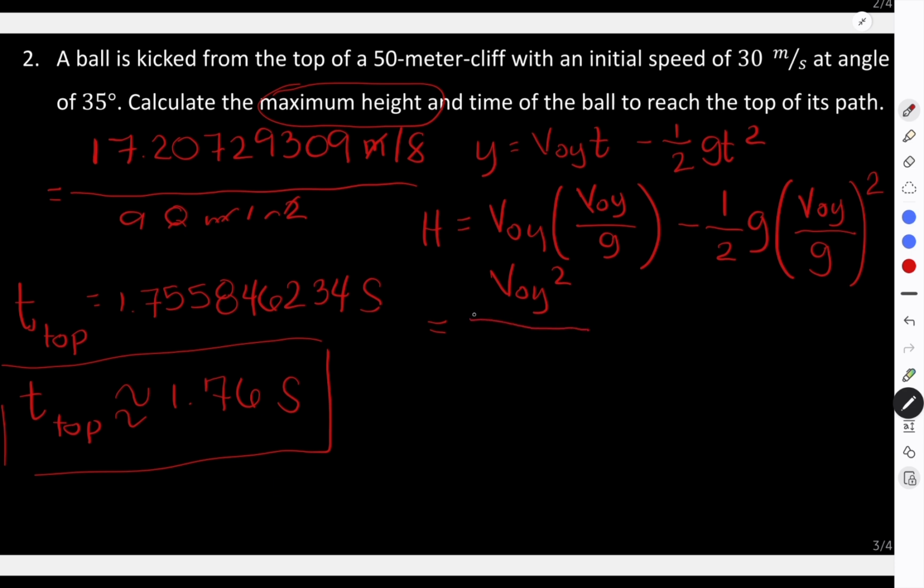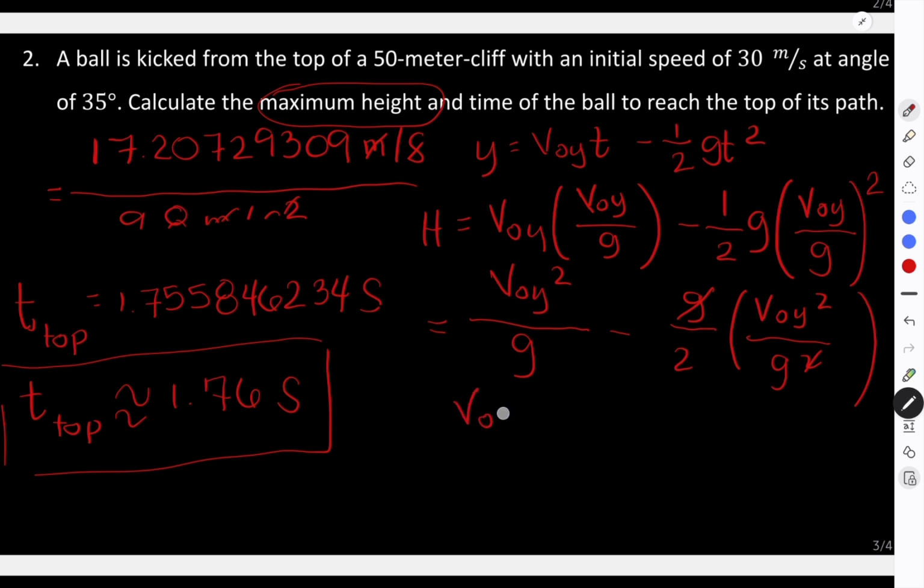Okay, it has been multiplied by 2 or twice, then all over by the gravity minus the 1/2, still a gravity. Gravity can also be written like this. Your initial velocity in y, you square this one, and also your gravity, you square that one. Okay, and then we cancel this one.